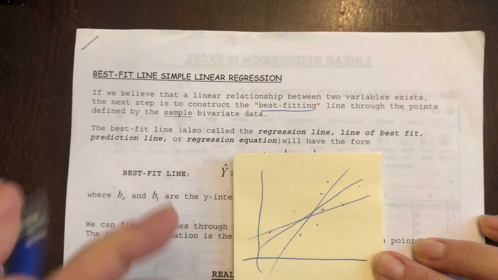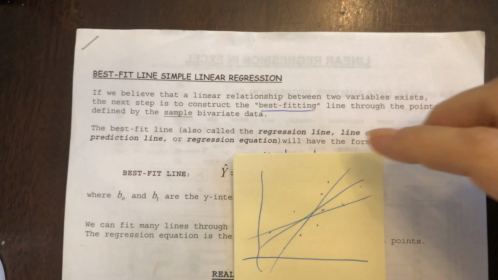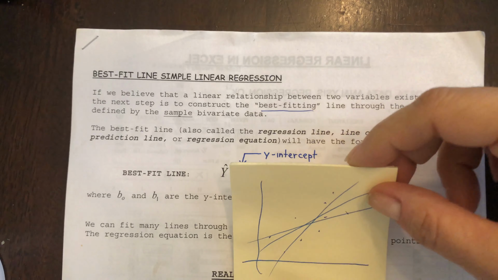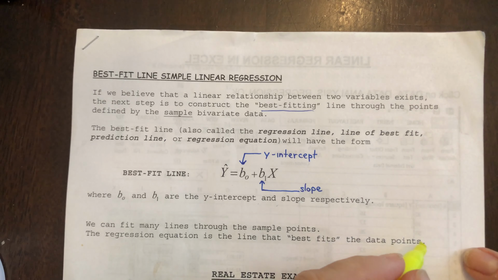It fits the best line, and hopefully later on in future classes you might learn the background behind all that, but we're not going to be doing that. You're just going to have to trust here that this is the best fit line. The regression equation, the one that you get from regression, is the line that best fits your data points.